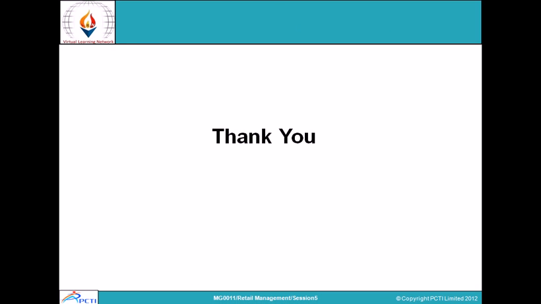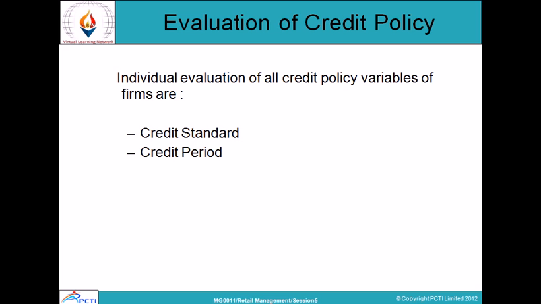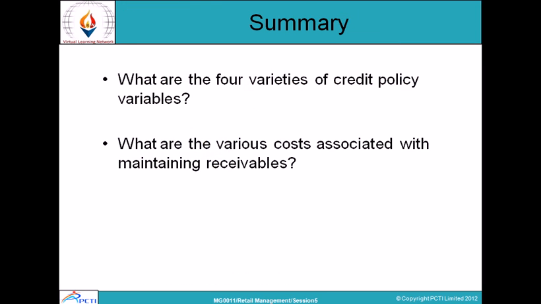Right? And what are the various costs associated with maintaining receivables? The costs, if you remember, we discussed in the first slide: capital cost, administration cost, delinquency cost, bad debts or default cost. Any questions?